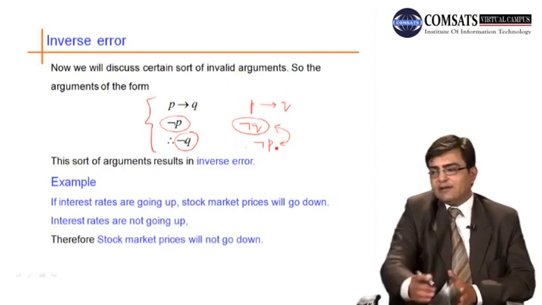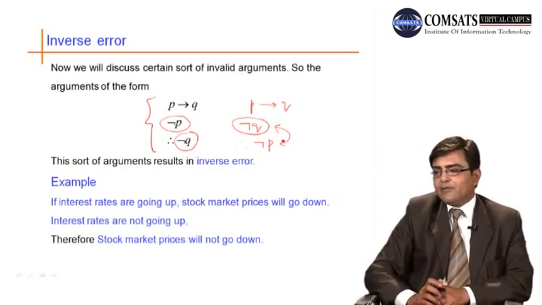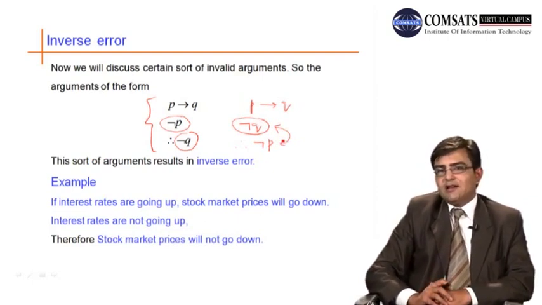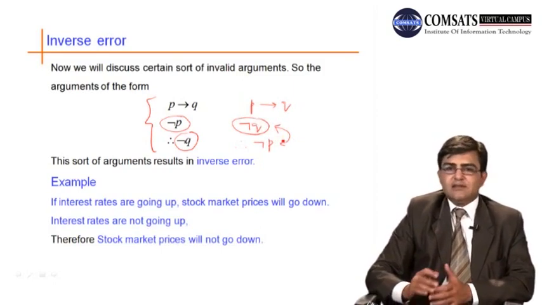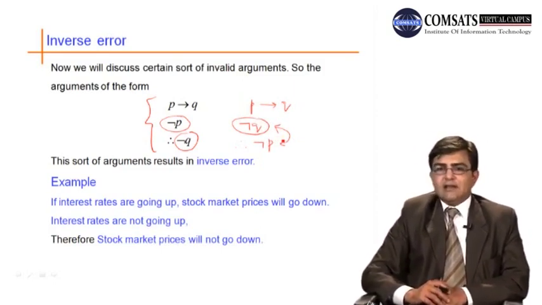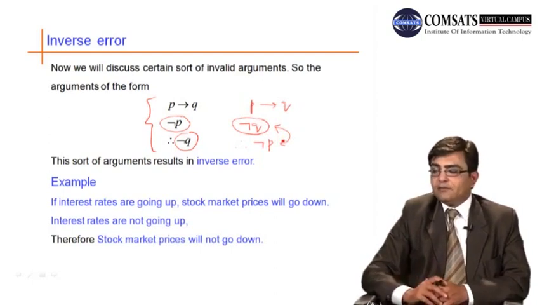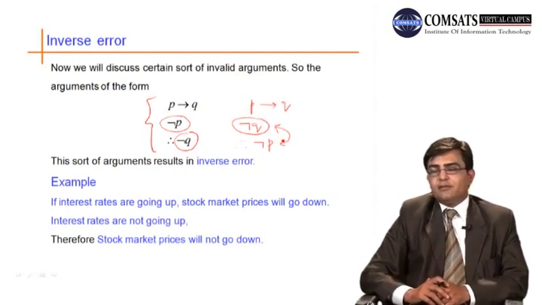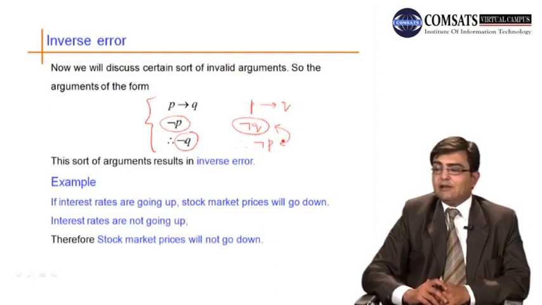Such an error is called inverse error. So why is it called inverse error? If we take the inverse of the conditional statement P implies Q, then this argument form becomes a valid argument form. So as I have told you earlier, if we take the inverse of P implies Q, then it becomes a valid argument form.